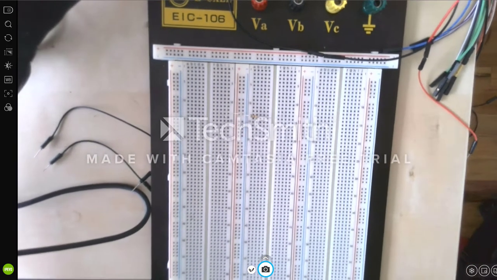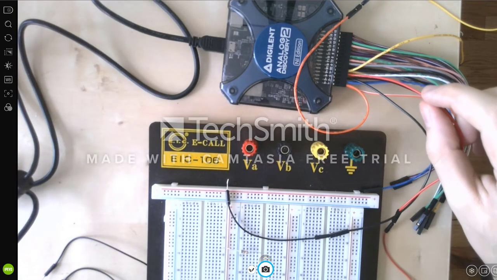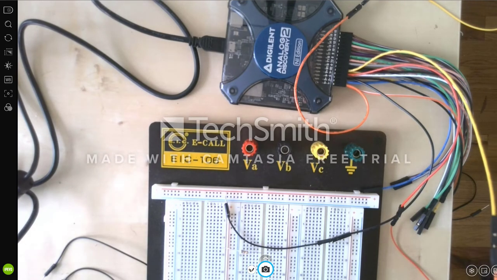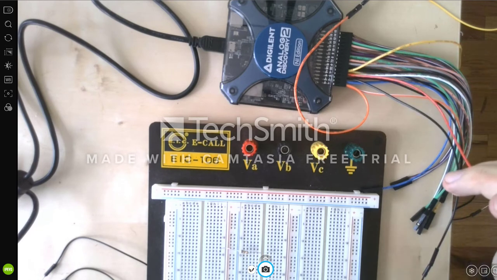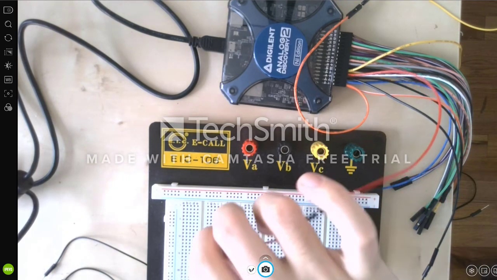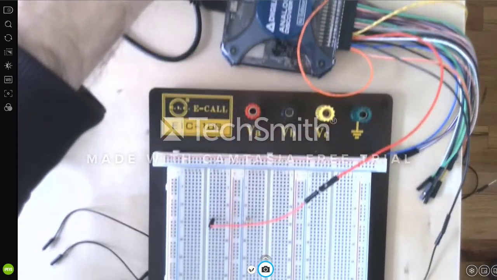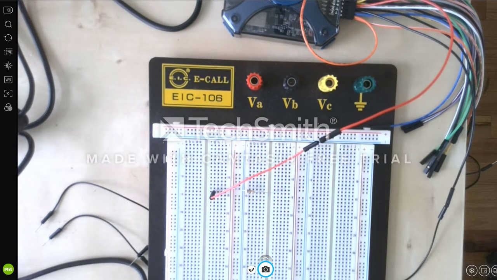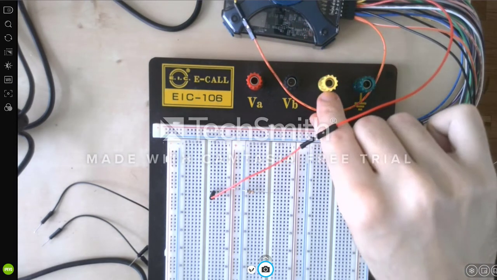Now we will use the DC supply from Analog Discovery. It is the fourth cable from the right, and we are plugging it in. Next, we will plug in our channel so that we can take measurements.